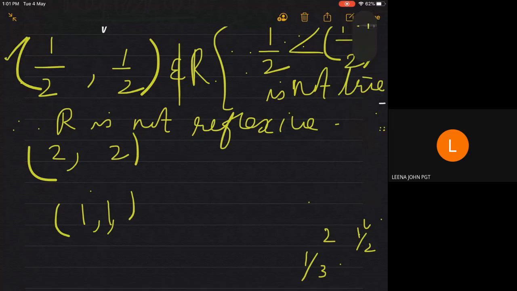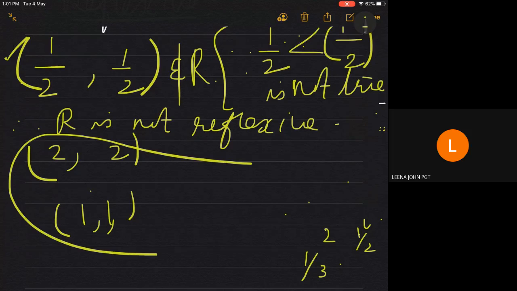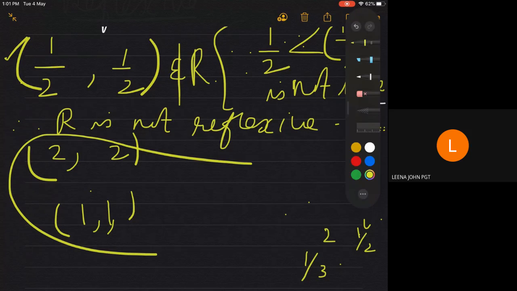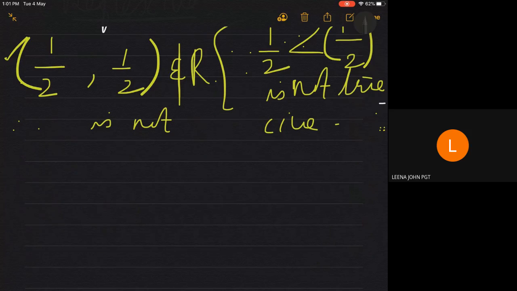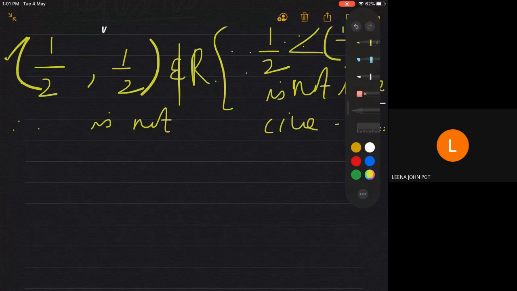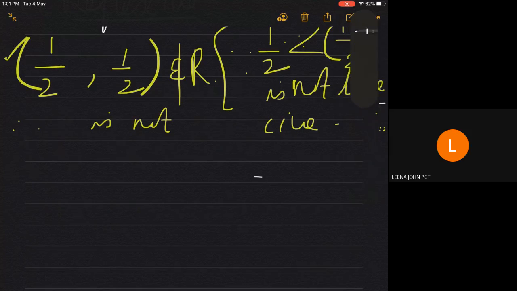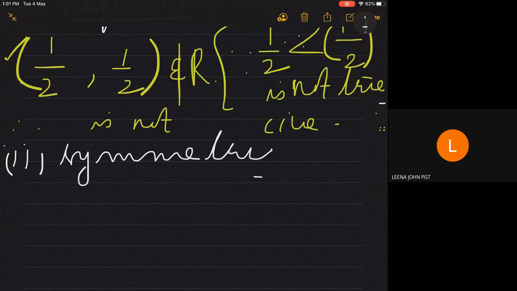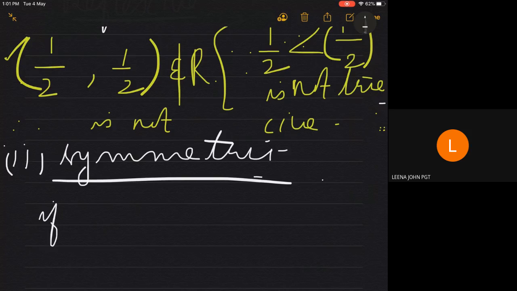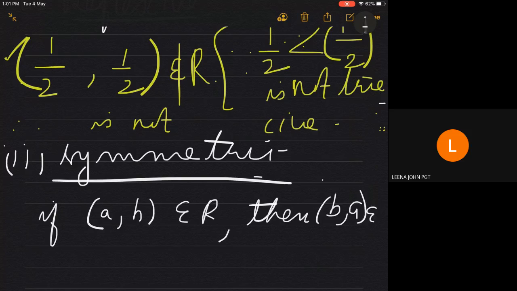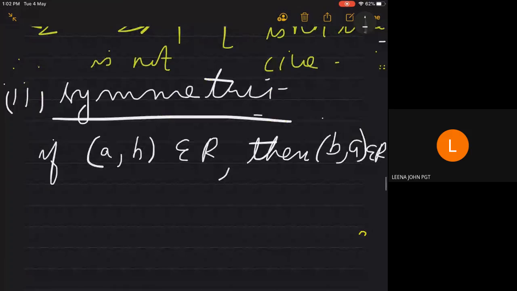The second condition is symmetric. It is a conditional statement. What is a conditional statement? If (a, b) is an element of R, then the symmetric ordered pair (b, a) is an element of R. So now we have to consider one element from the relation and check whether its symmetric ordered pair is always there or not.